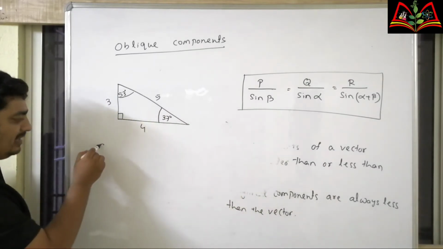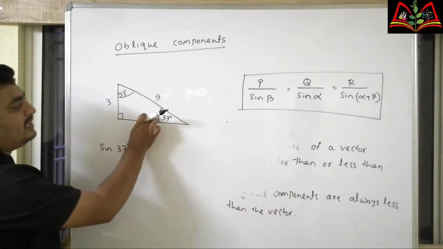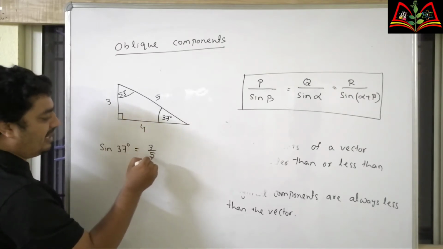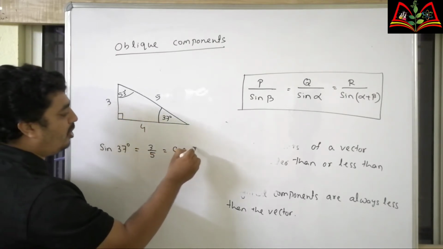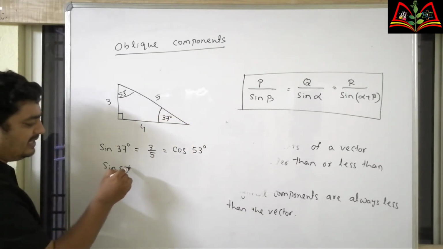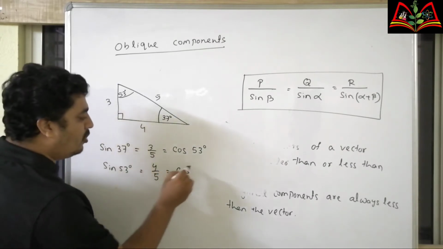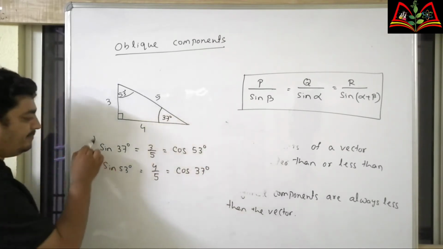Now from this triangle we can write sine 37 degree equals 3 by 5. It is equal to cos 53 degree. Like that, sine 53 degree equals 4 by 5. It is equal to cos 37 degree.